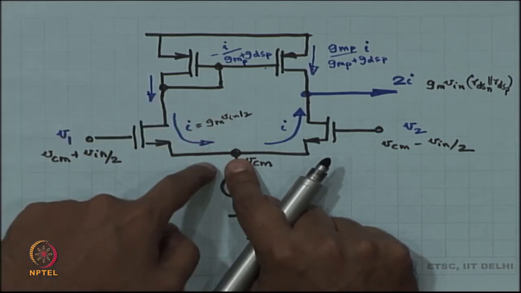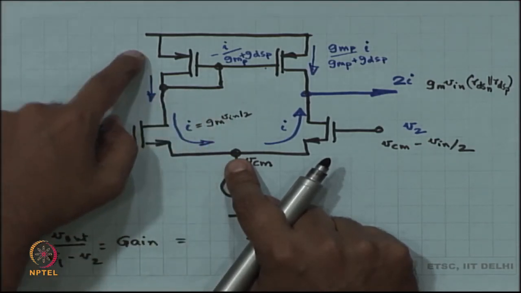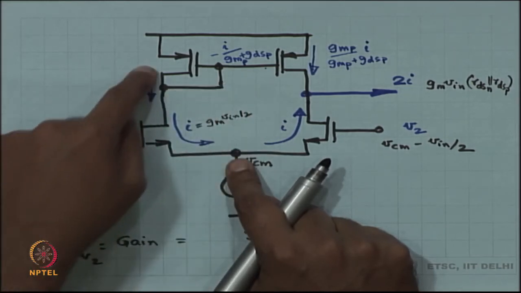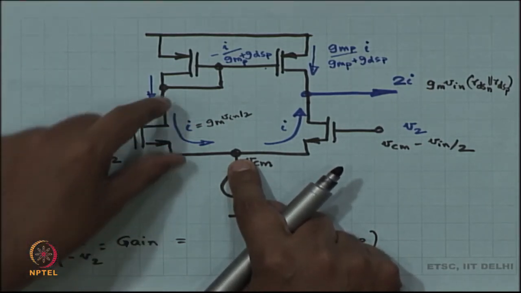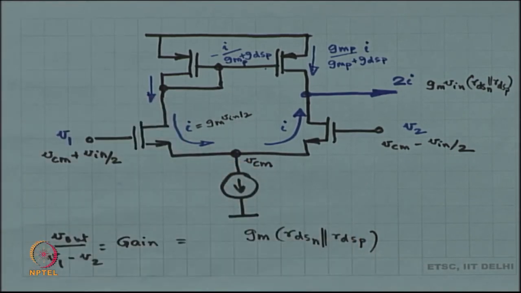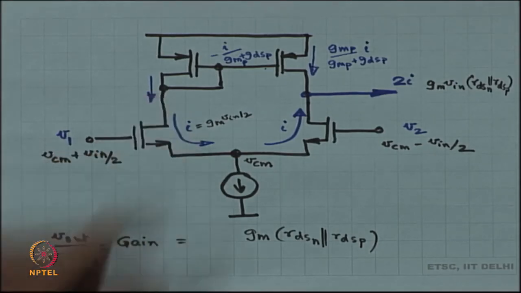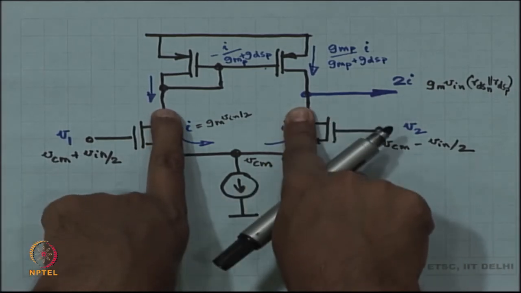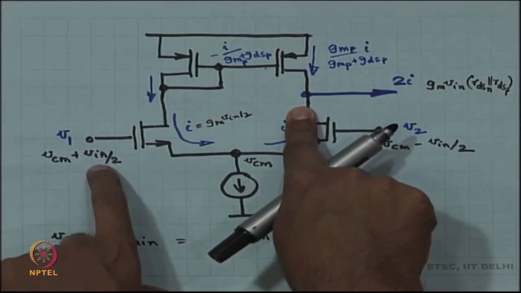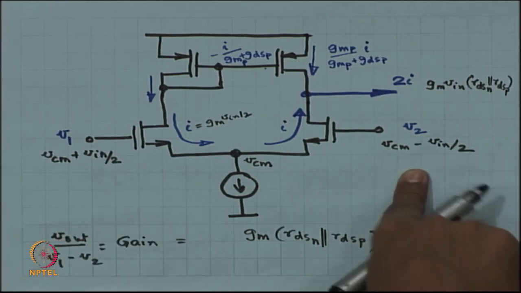Output impedance is RDS N in parallel with RDS P. So the voltage at the output is going to be minus GM V in by 2 times RDS N parallel with RDS P. In one you have applied V in by 2, in the other you have applied minus V in by 2.